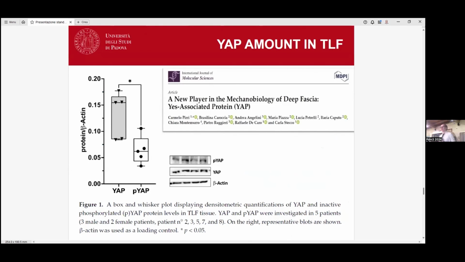To understand what is the element that can connect the mechanical input to the production of hyaluronan, we checked the proteins that are able to do mechanotransduction. In specific, we checked the YAP protein. We know that the YAP protein is one of the most important proteins able to do mechanotransduction. We found the YAP protein in our fascia.